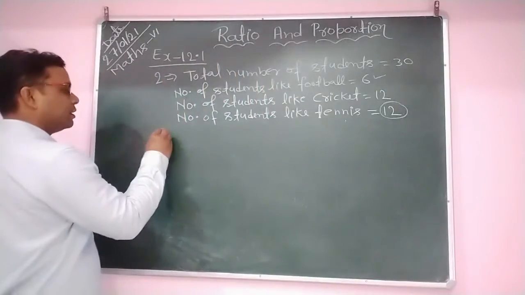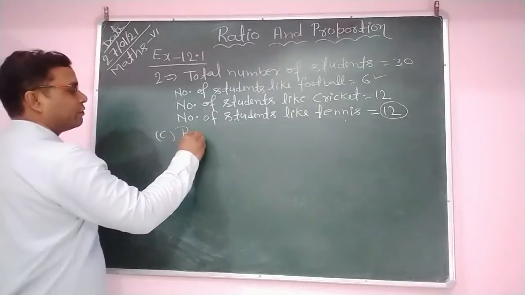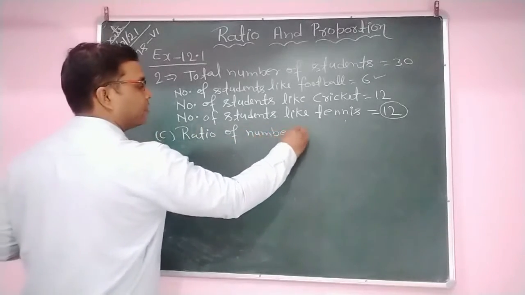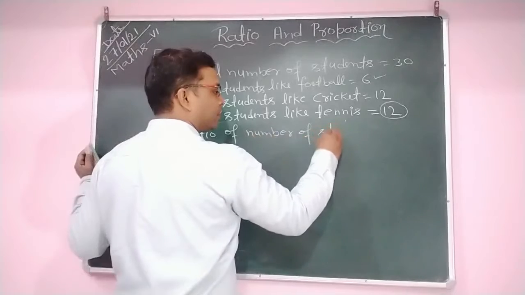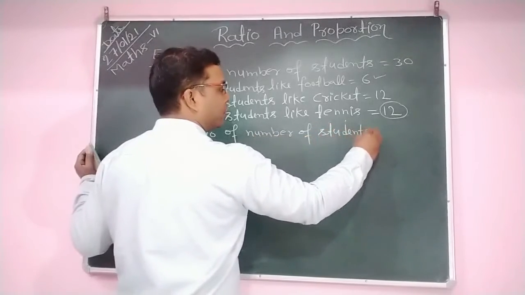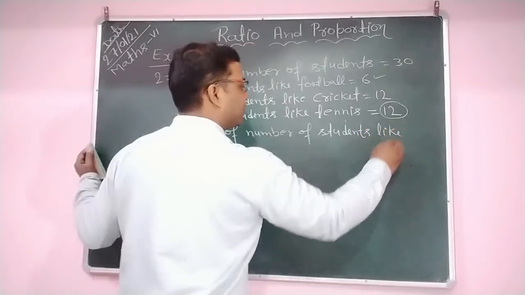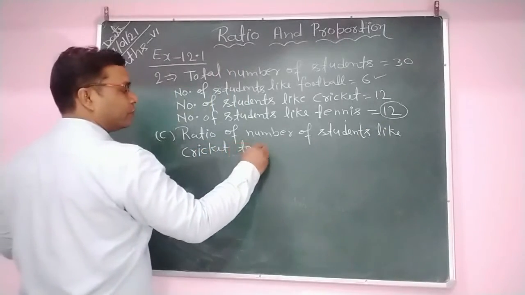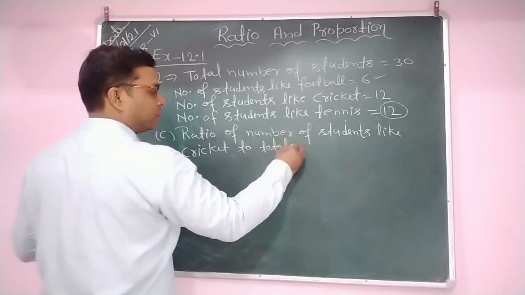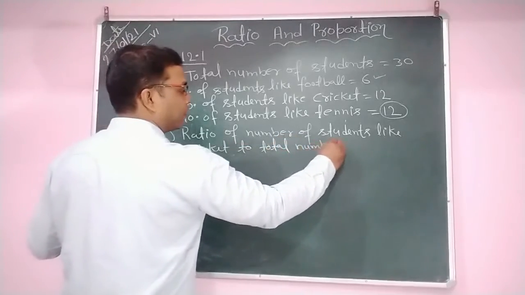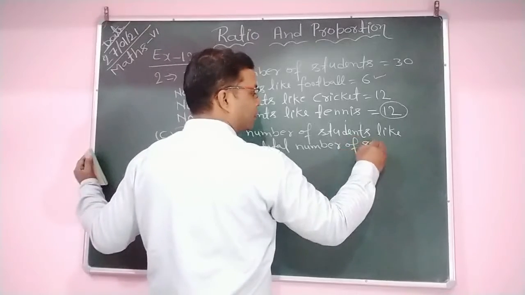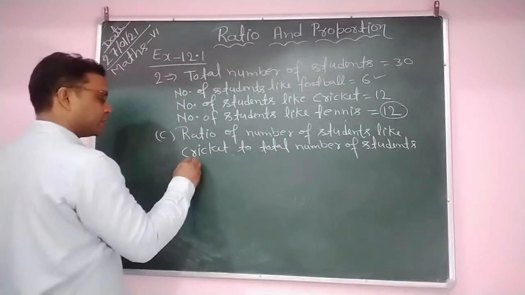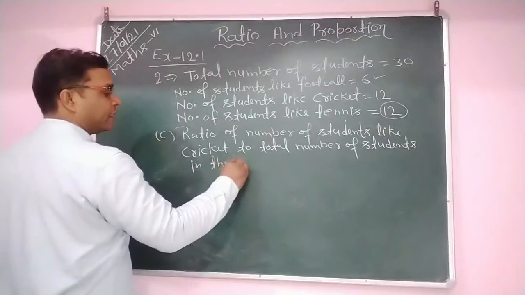So in the C part, it is given: find the ratio of number of students who like cricket to the total number of students in the class.